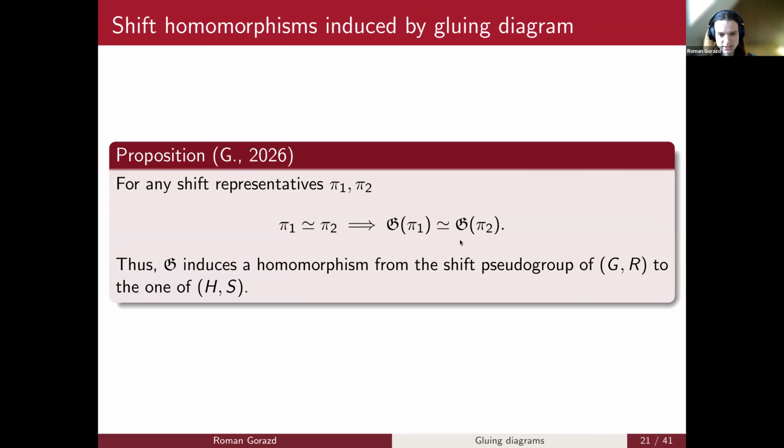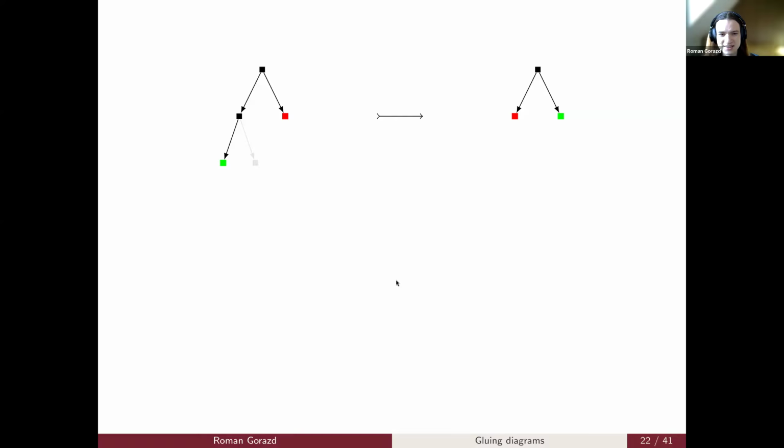So I will show this just by kind of looking at pictures. The proof is not that hard, but you have to go through the gluing diagrams and show some lemmas, and it's early in the morning, so I won't go through all of this.